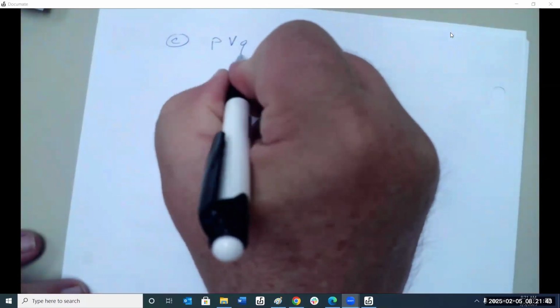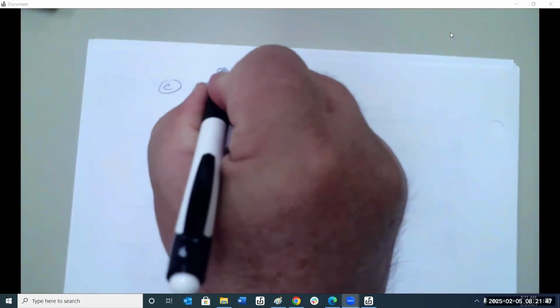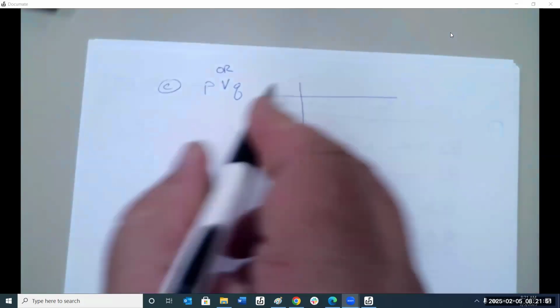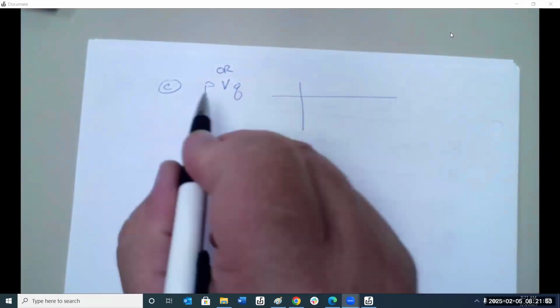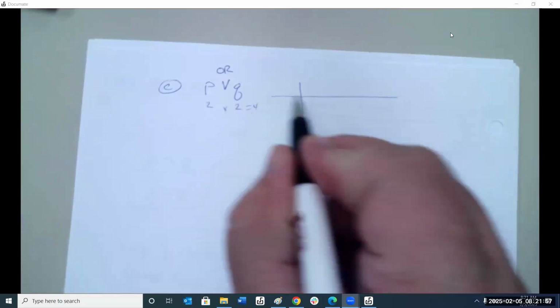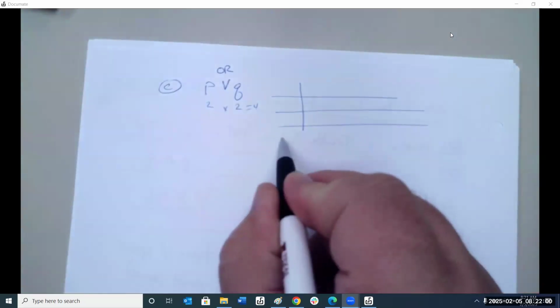Then for C, we had, and that's the or statement. Again, since we only have two possibilities, this is two possible outcomes, so there should be four possible outcomes.